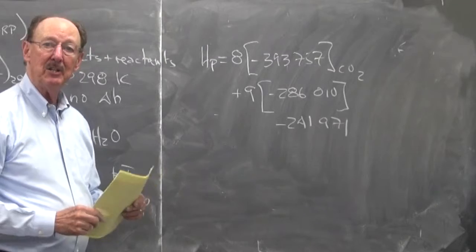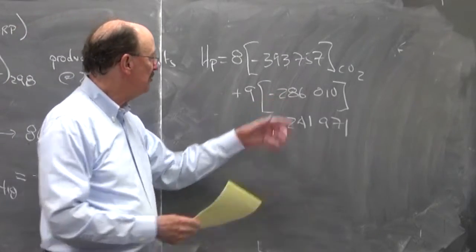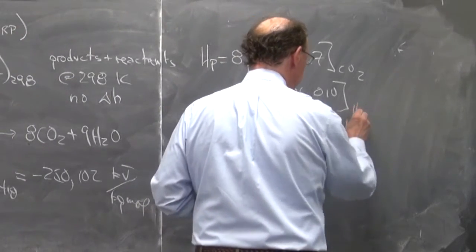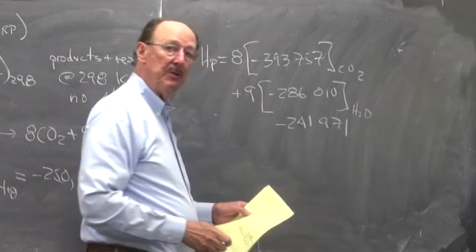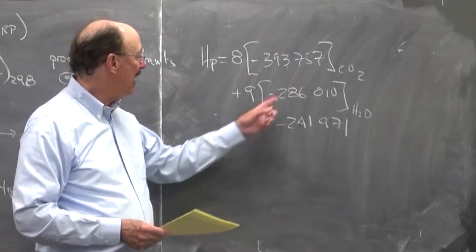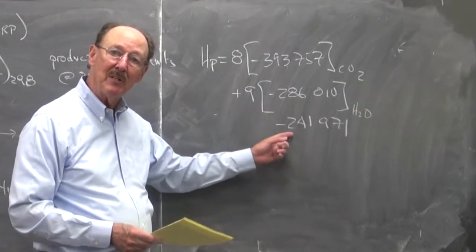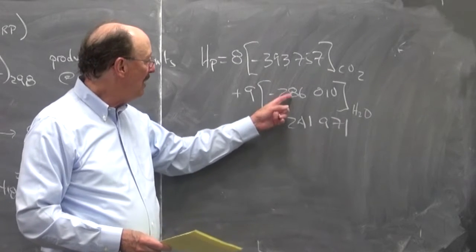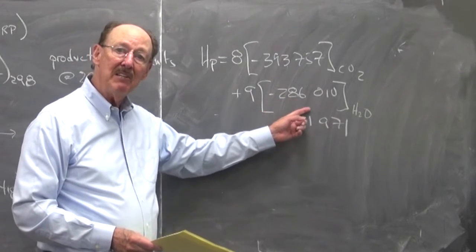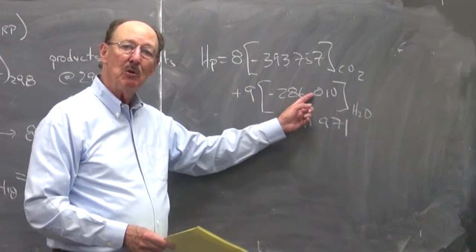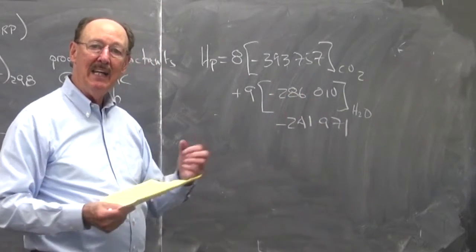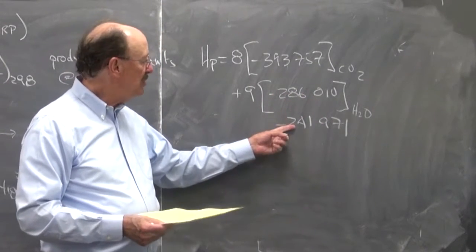A question occurs if you look at this, for your water. You'll notice that there are two different numbers for the enthalpy of formation. One number is the higher heating value, which assumes the water condensed, so you get the latent heat. The other assumes that it's a vapor.